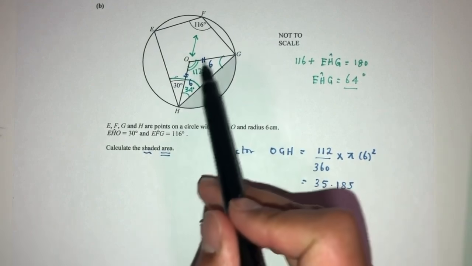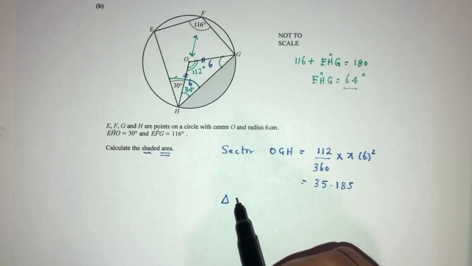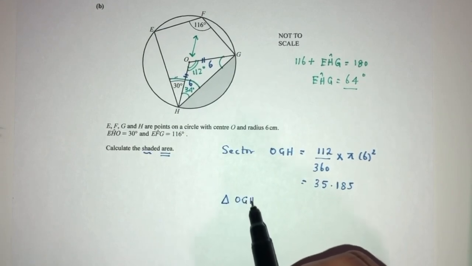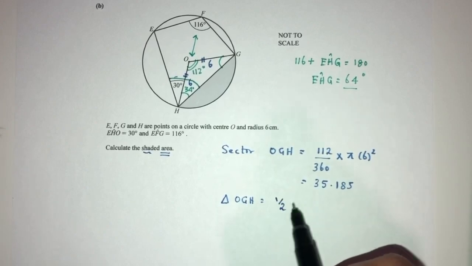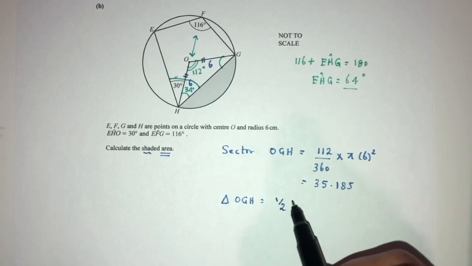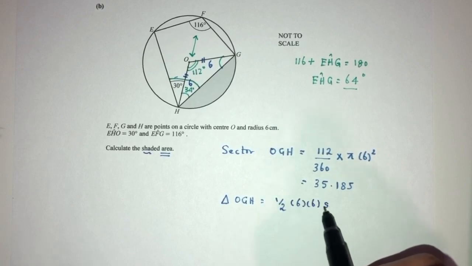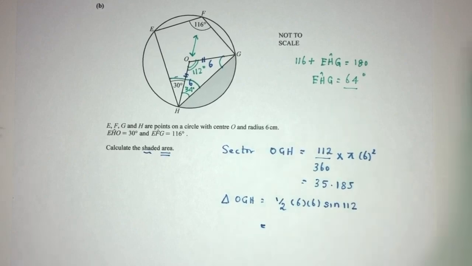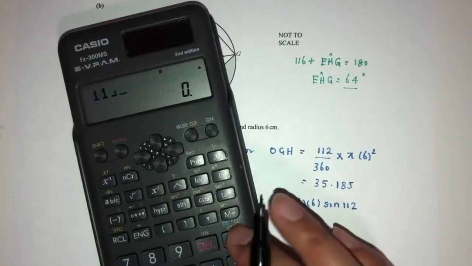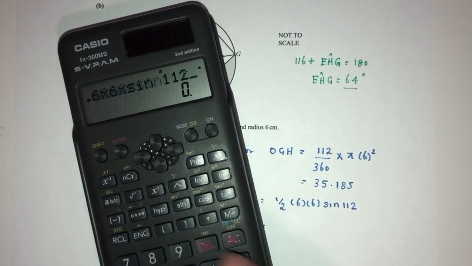Now we have to minus the area of the triangle. Pretty easy. Triangle OGH. We use the formula obviously. We can take half times the two sides, which is 6 times 6, and times the angle in the middle. Half times 6 times 6 times sine of 112.